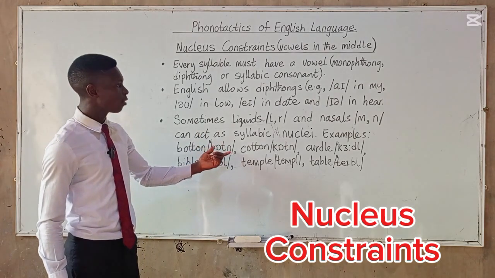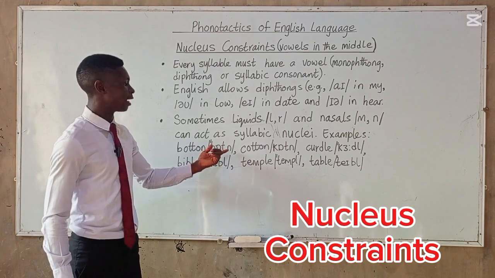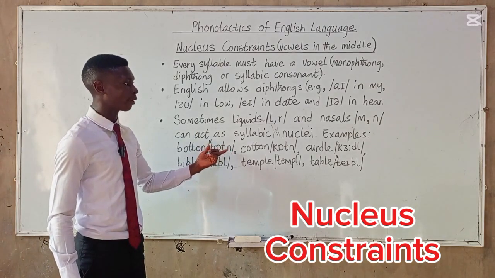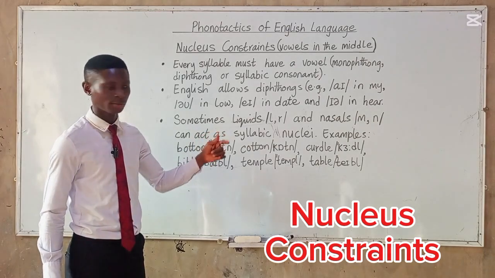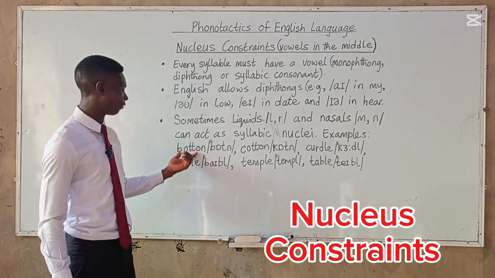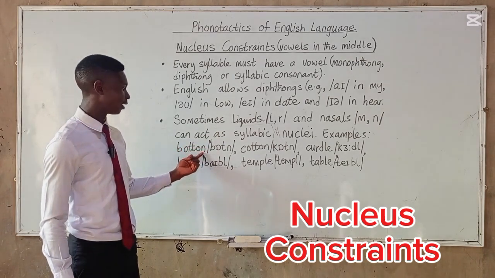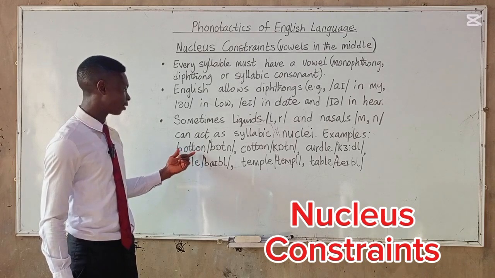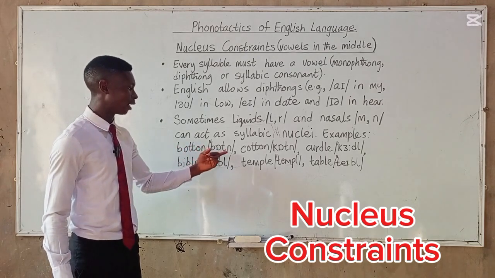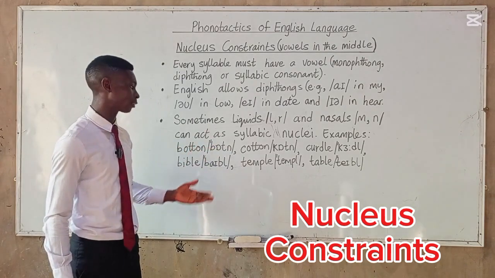And it is mostly where we have the nasal sound or the liquid sound at the end. For instance, in button, we have the nasal sound at the end. Hence, we have a combination of the t and the nasal to give us what we want.